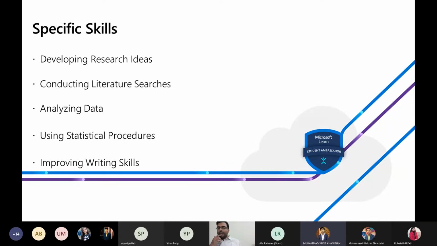Okay. Like I said in the previous slide, I would like to repeat briefly for you that these are the skill based goals that you will be able to achieve after conducting research.